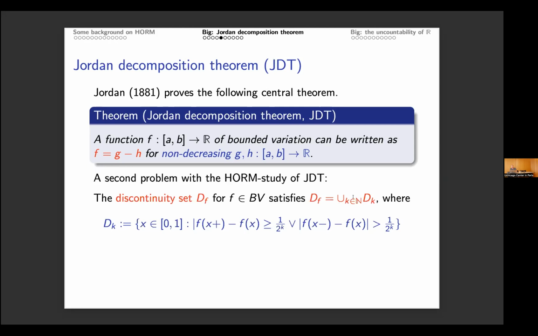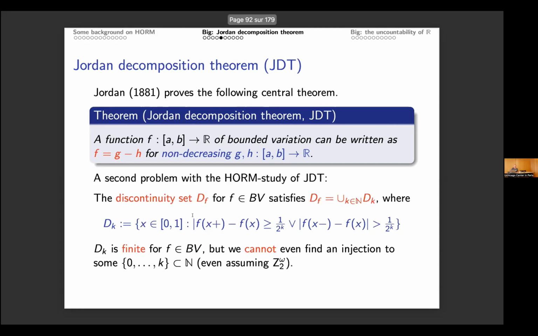D_f equals the union over k of D_k. And D_k is all the points where f is discontinuous and the jump is in excess of 1 over 2 to the k. This is a finite set. So it's finite, so give me an injection to some finite set of naturals. Doesn't work. Nothing works. Frustration.